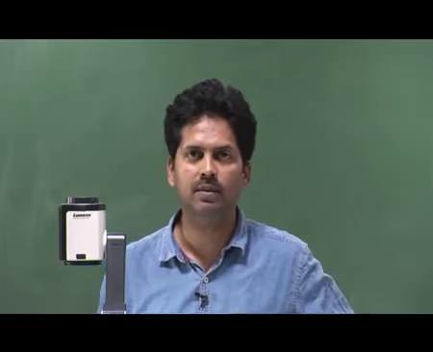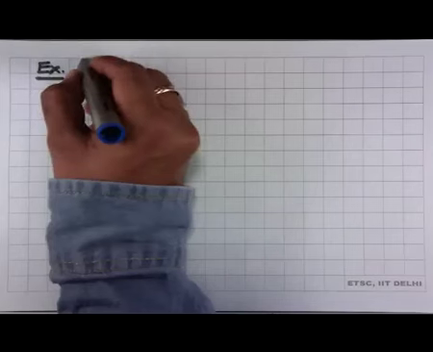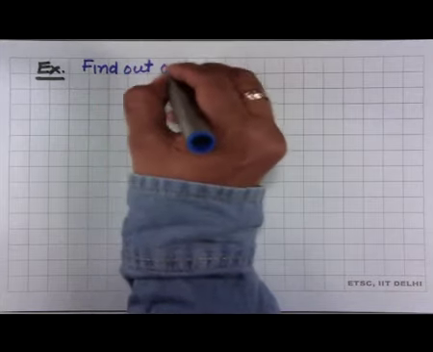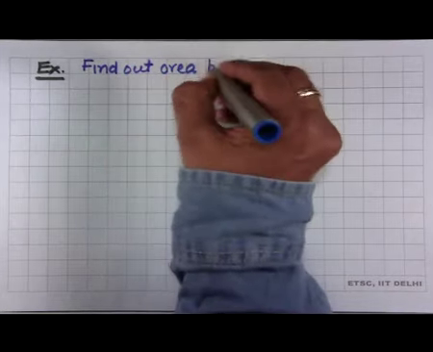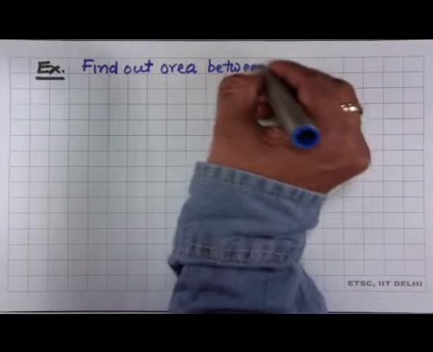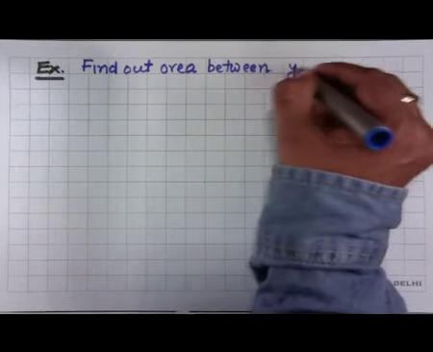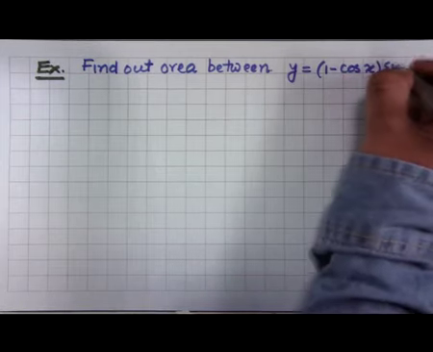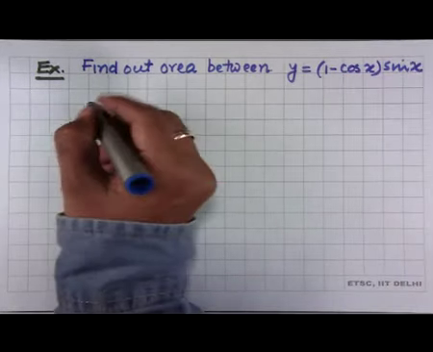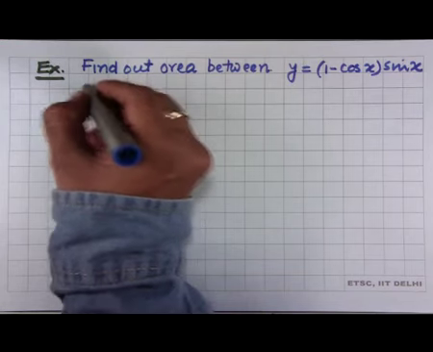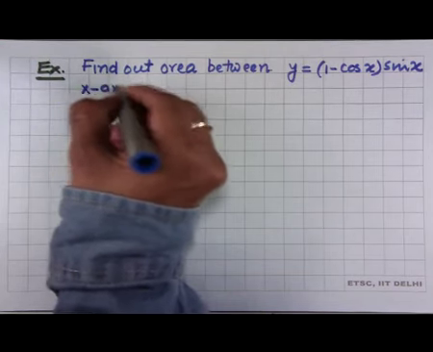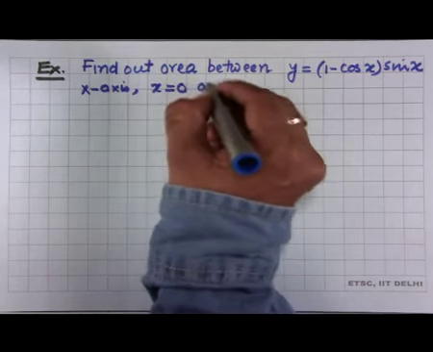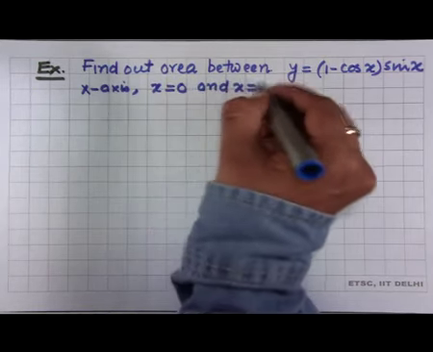Let us take another example. Find out the area between y equals to 1 minus cos x into sin x, x axis, x equals to 0 and x equals to pi.